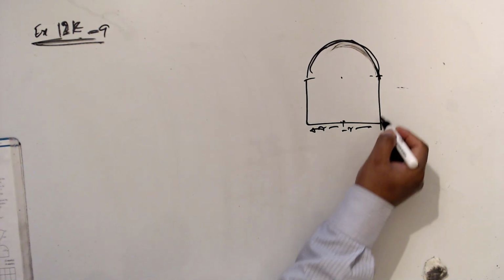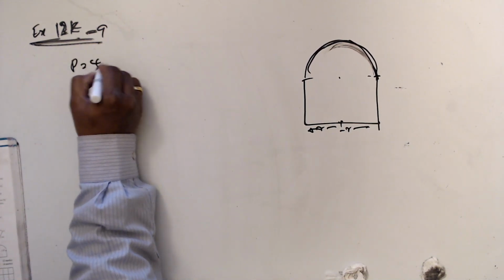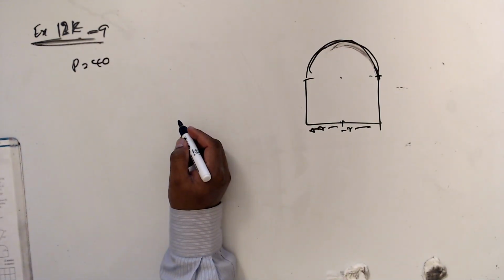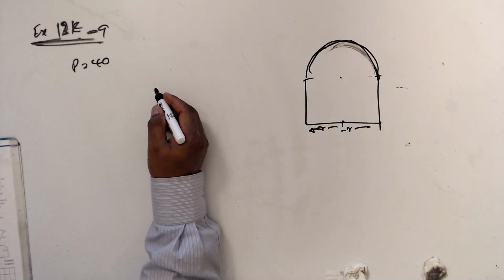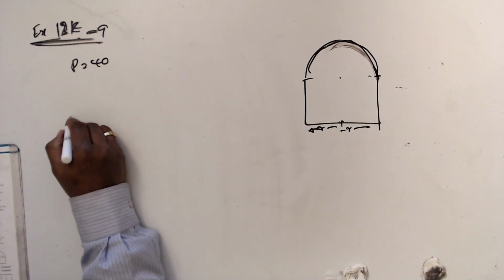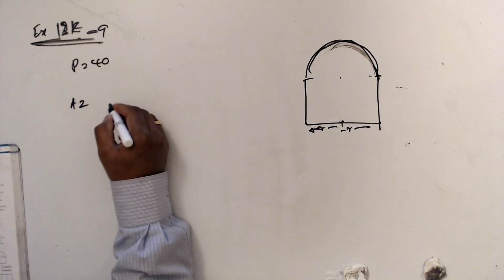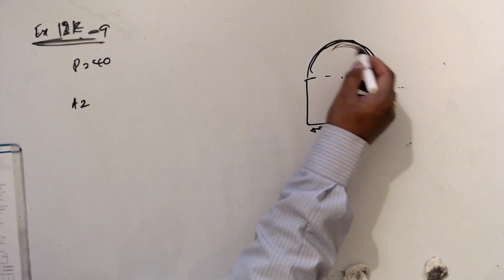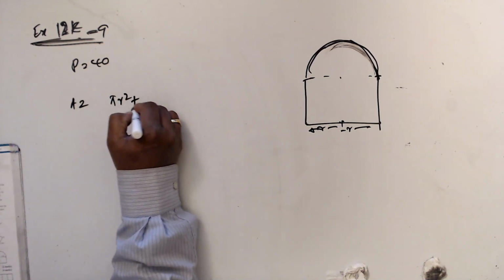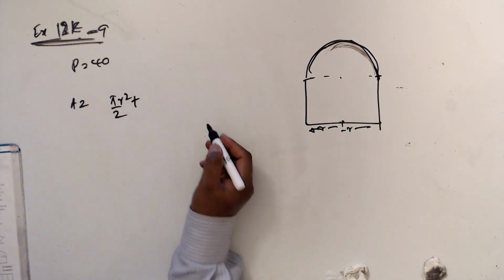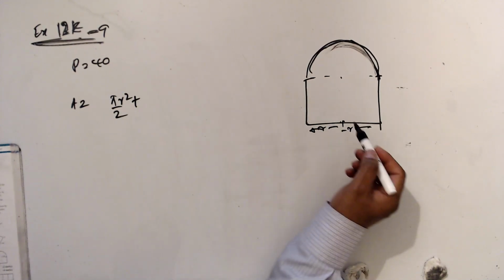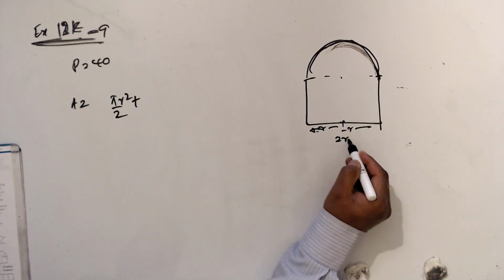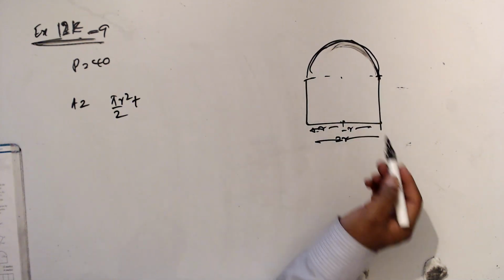So the perimeter of the shape P is 40. Find the area. Okay, perimeter is 40. How do you find area? This is a semicircle, so that is half pi R squared plus the rectangle. This is R. This is 2R length because this is a diameter.